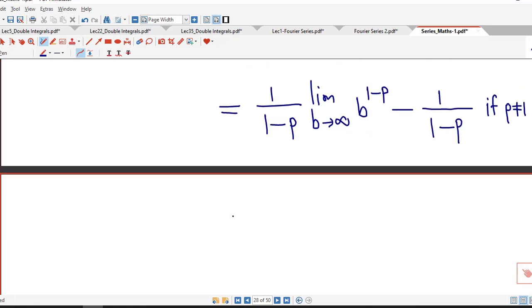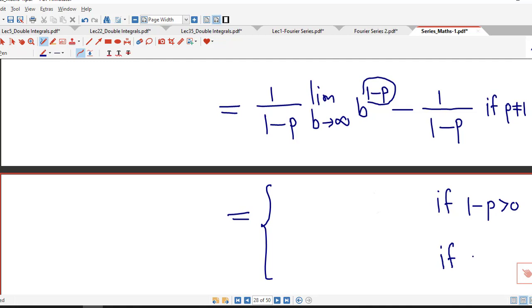Now here we don't have any idea about this power 1 minus p. It can be positive or negative. So we have two possibilities: the power of b, that is 1 minus p, is positive, or the power is negative, and the power will never be equal to 0 because p is not equal to 1.